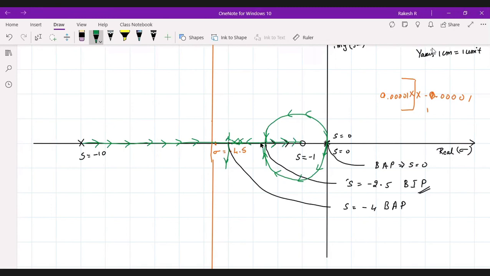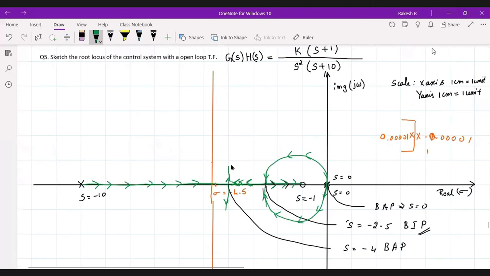Another root will start and move towards the left, and we have a breakaway point like this. So this will be the breakaway point, and we have the asymptote angle at 90 degrees. So this passes parallel to the asymptote angle here.